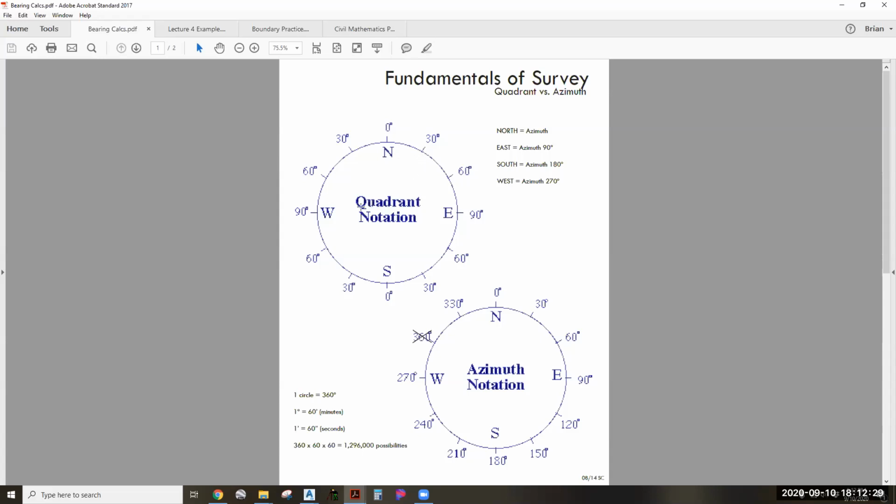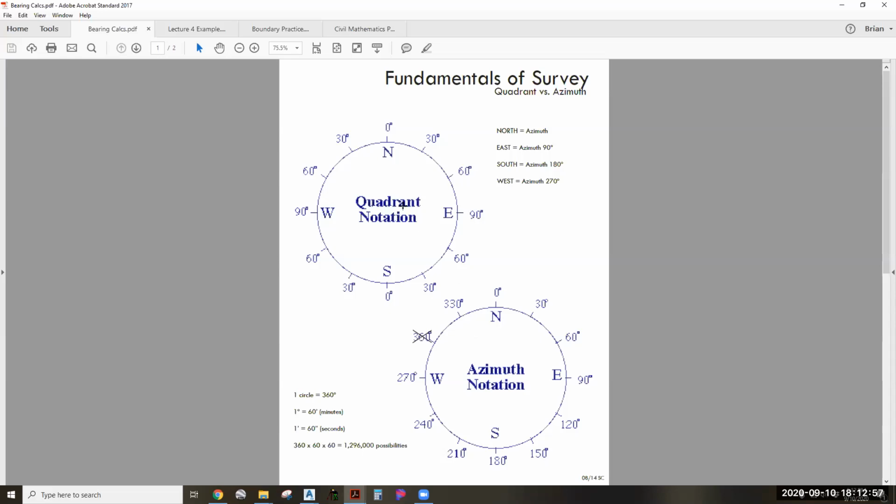So when we're talking about a bearing, when we say north something east, or south something east, or south something west, or north something west, that's quadrant notation, because we're talking about the 4 quadrants of a compass, okay? Any questions on that? And I'll get into the math behind it in just a little bit.